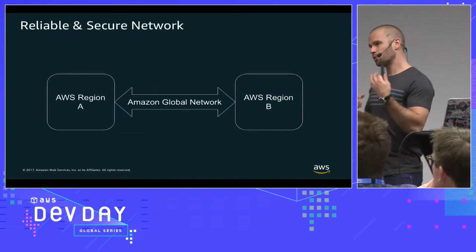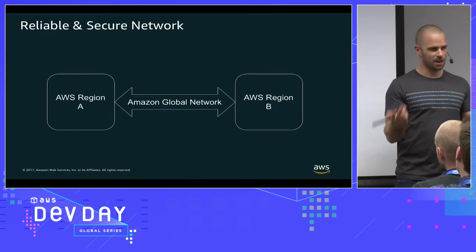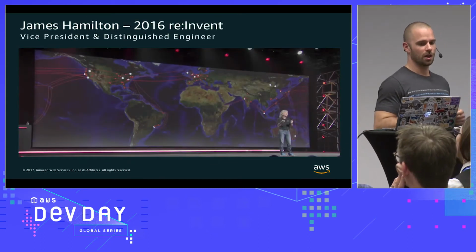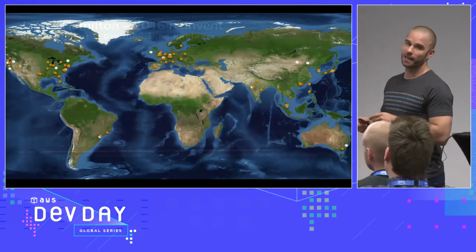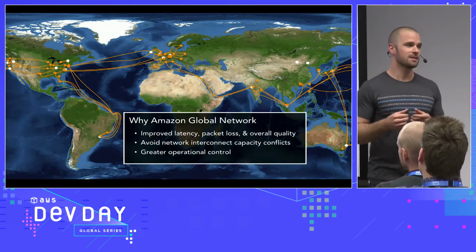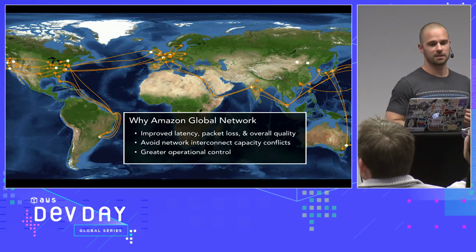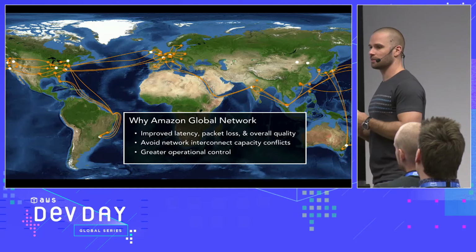That also means that you need to sit on a very reliable global network, and the internet is not one of them. So that's why we launched, and we publicly talked about it in 2016, this global network. This is a totally Amazon-based network that wires all the regions together.